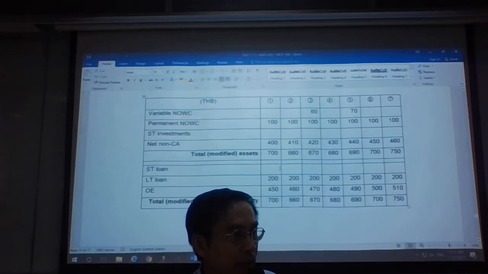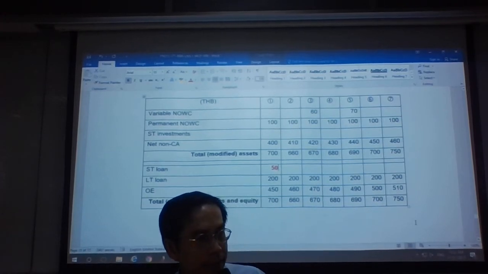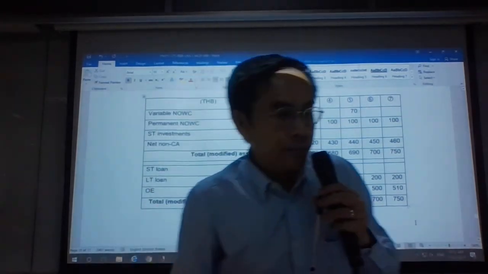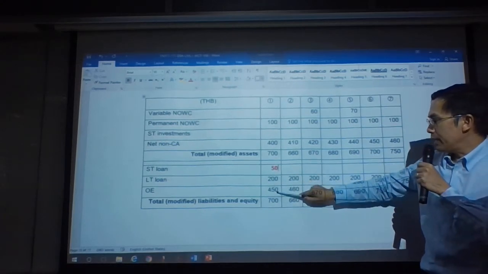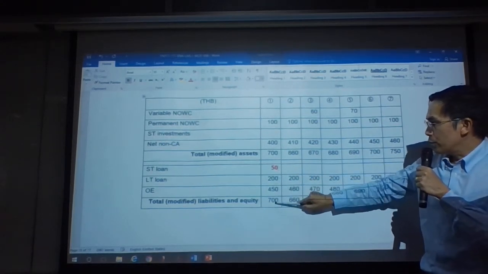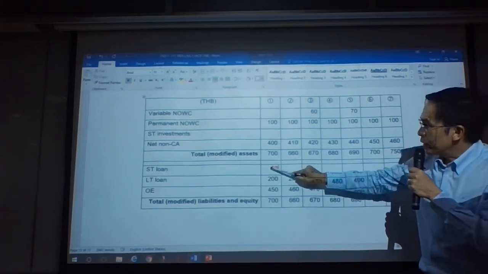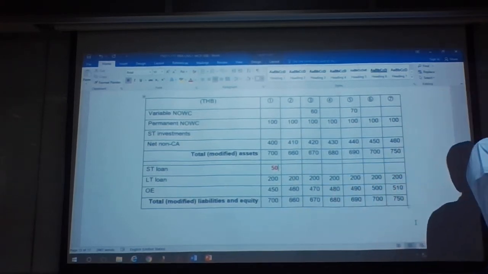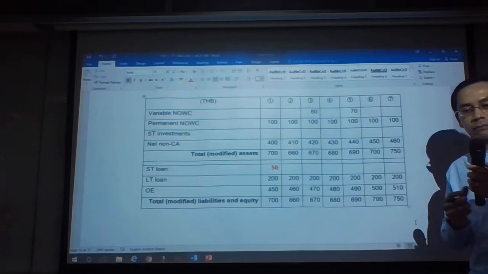Of course, you must add a number that makes the statement of financial position balanced. The sum between 200 and 450 is not equal to 700. There is a difference of 50. So this 50 must come from short-term funds.